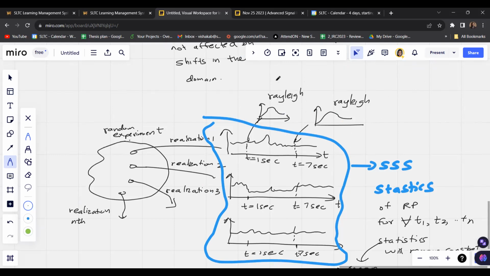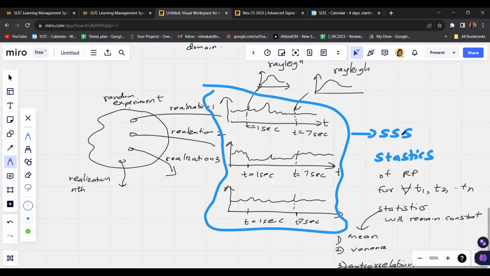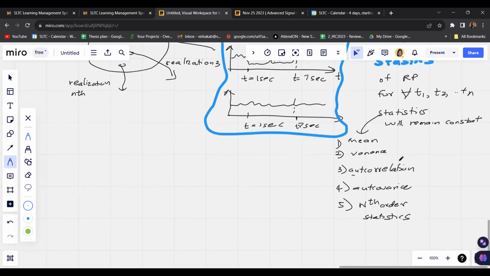So the mean value will also be the same. Variance will also be the same at each random variable. So this statistics being the same for all time instances is the characteristic of the strict sense stationary process. Moreover, it is valid up to nth order statistics.